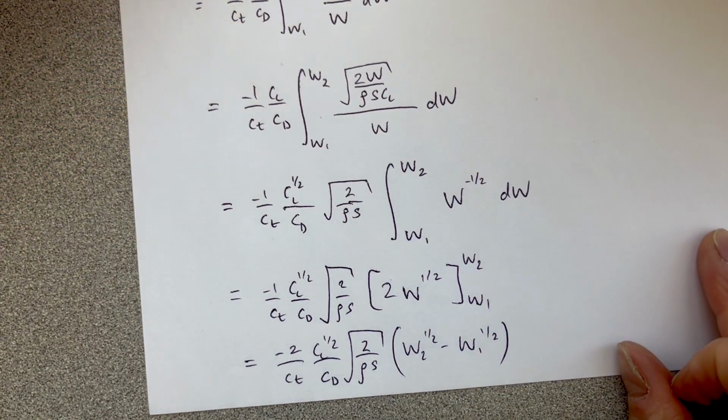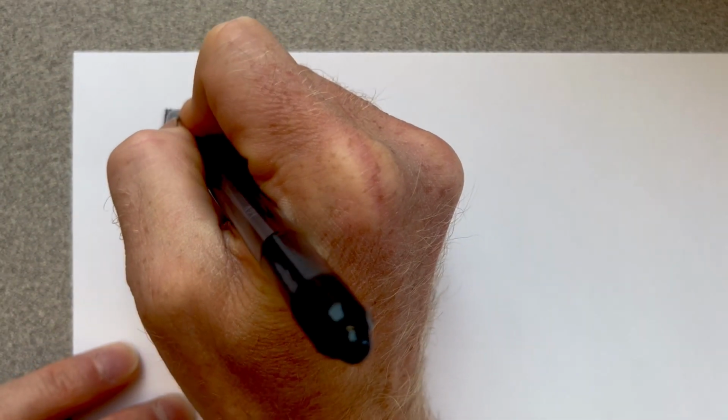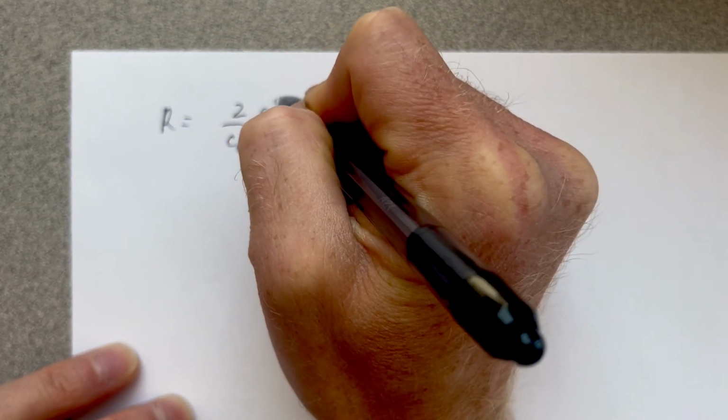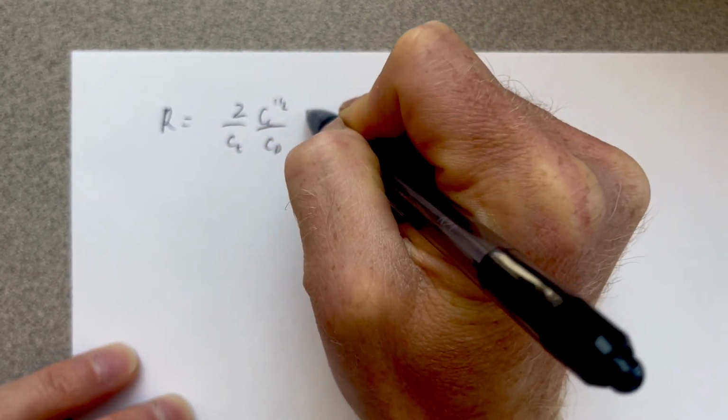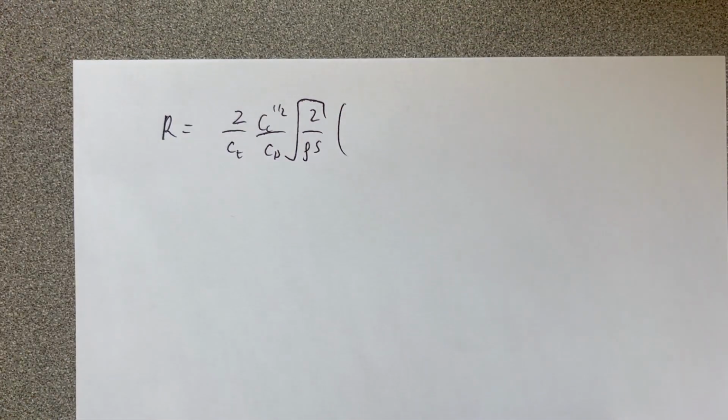Or if you prefer to push this negative sign inside the bracket term, we will get simply range is 2 over ct, cl to the half over cd, 2 over rho s square rooted, and then flipping that bracketed term.